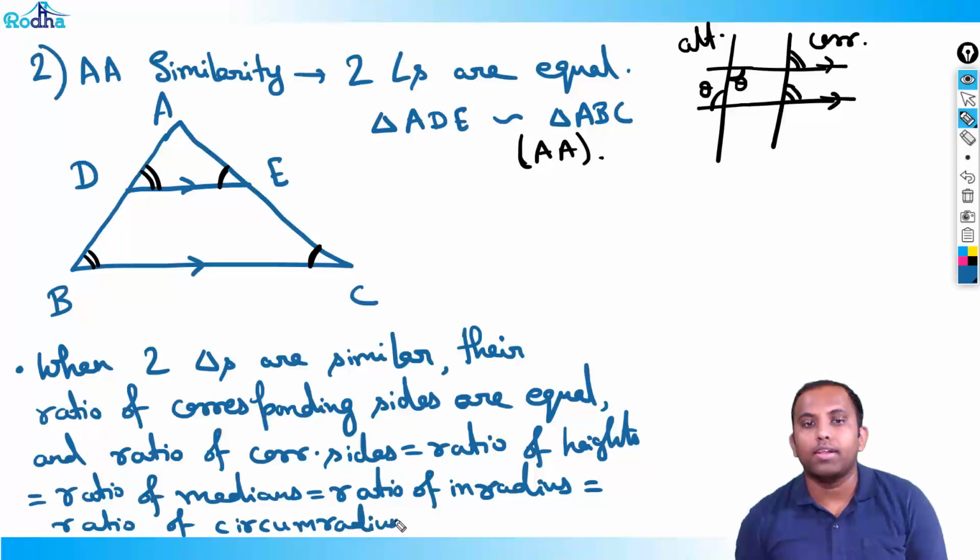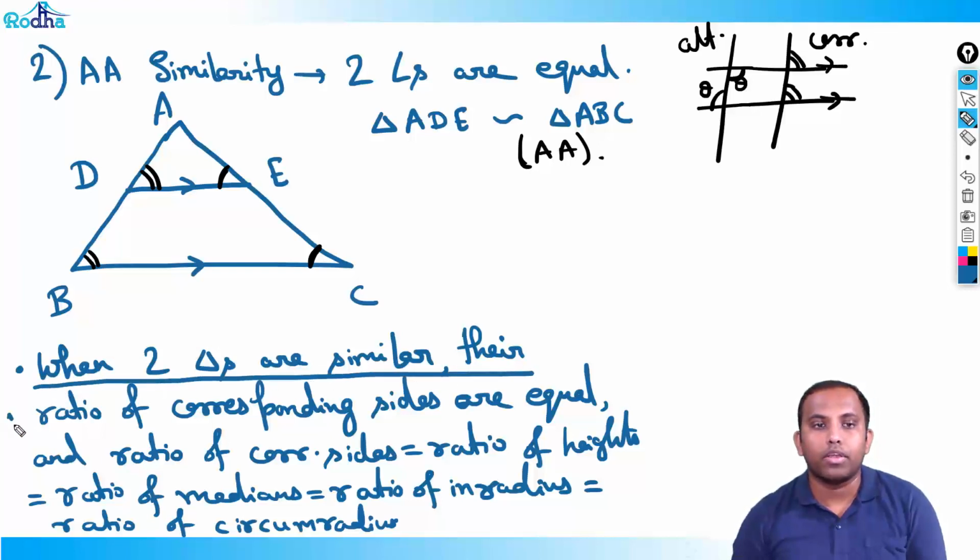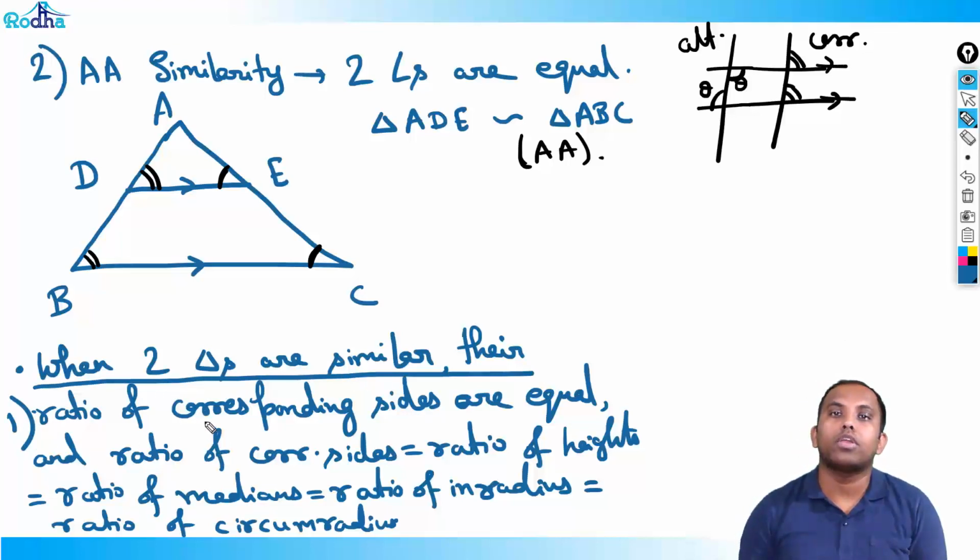When two triangles are similar, I should write two points here. First point: the ratio of corresponding sides is equal to the ratio of heights of the two triangles, is equal to the ratio of medians of the two triangles, is equal to the ratio of inradius, is equal to the ratio of circumradius. All these will be equal when two triangles are similar.